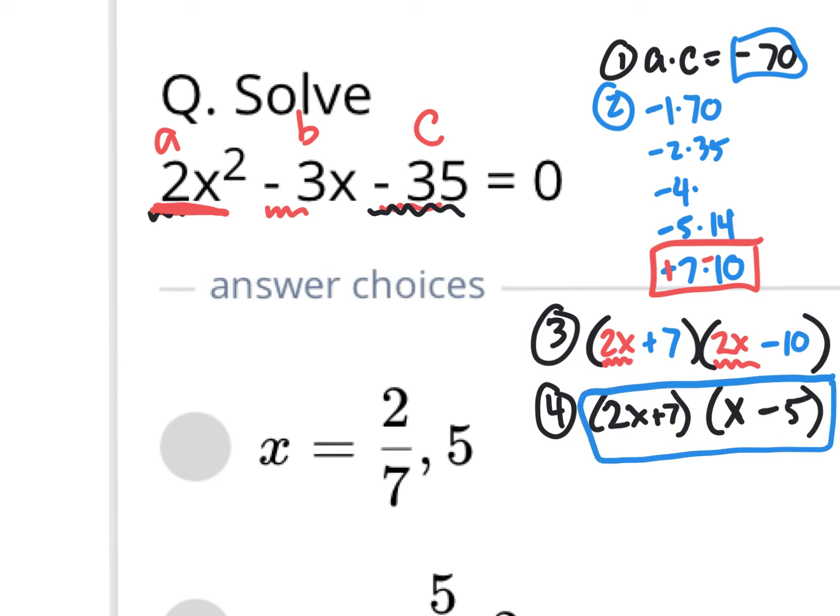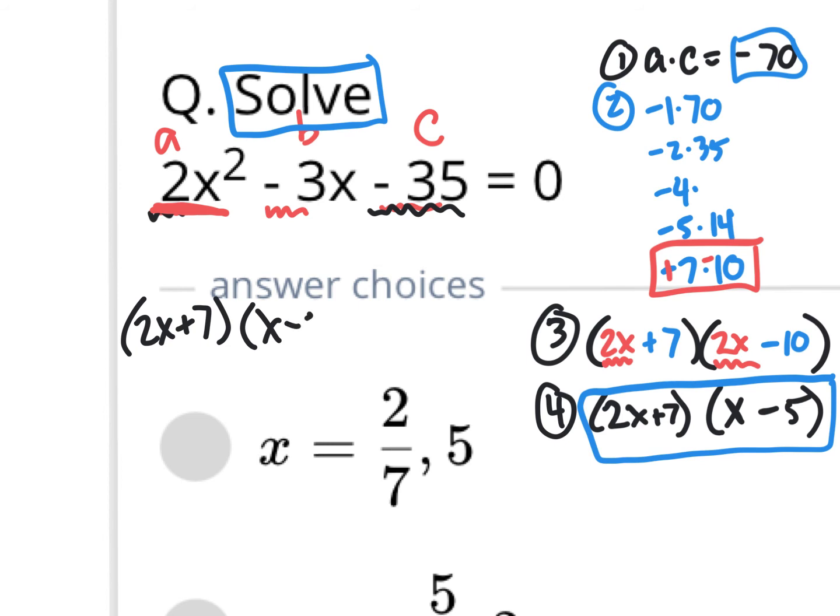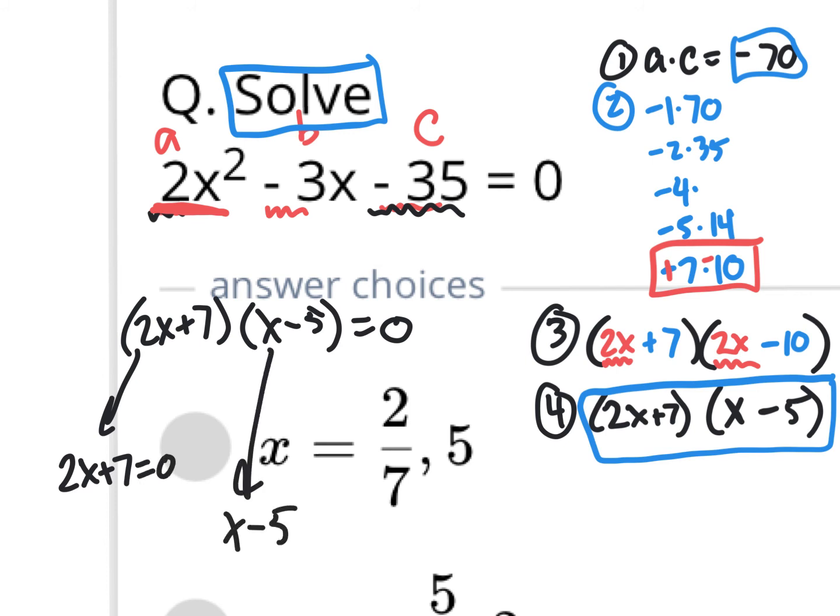However, they didn't ask us to factor, they asked us to solve. So we are factoring it to be able to split it and solve, all right? So let's actually split it. 2x plus 7, well, let me write the whole thing, times x minus 5. If that equals 0, that means that the 2x plus 7 could equal 0, and also the x minus 5 could equal 0.